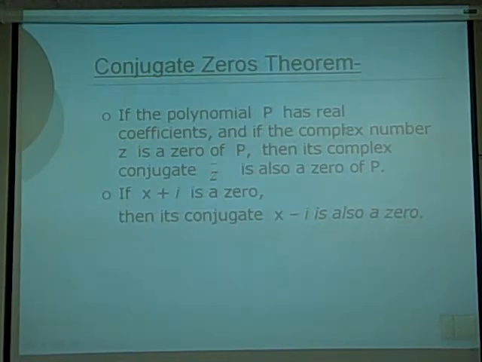If a polynomial p has real coefficients, we may end up with a complex solution, where we have a real part plus i, so we get a complex number. Okay, so we're not going to use complex conjugates too much.